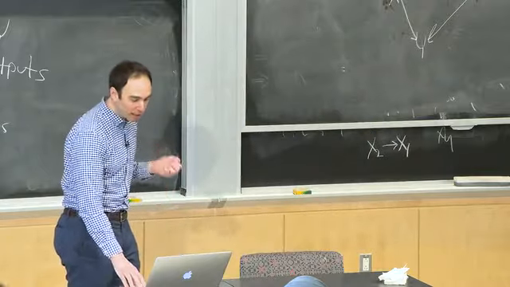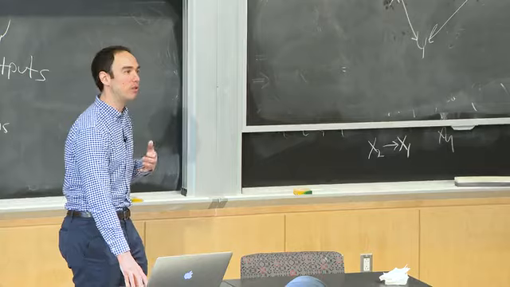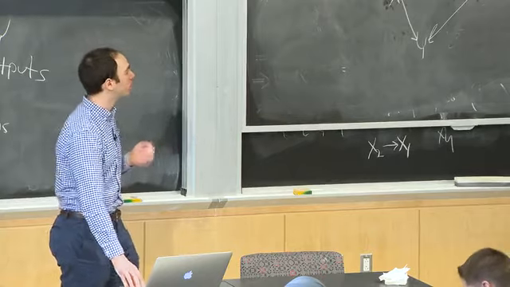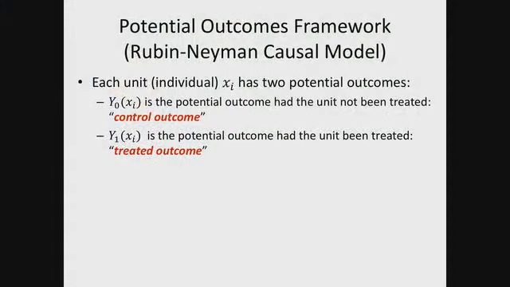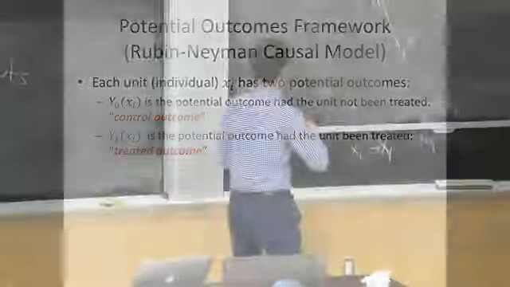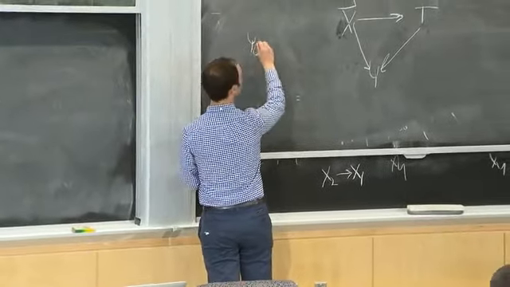So the first thing we need is some language in order to formalize these notions. So I will work within what's known as the Rubin-Neyman causal model, where we talk about what are called potential outcomes. What would have happened under this world or that world? We'll call it y 0, and often it'll be denoted as y underscore 0.